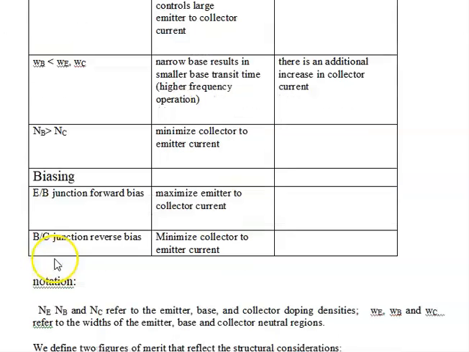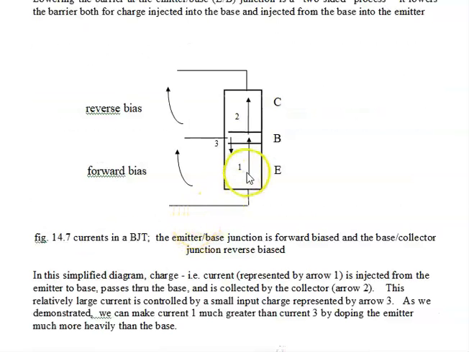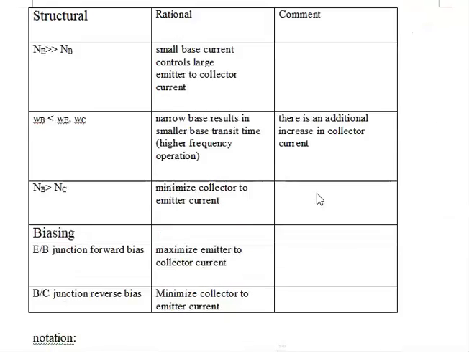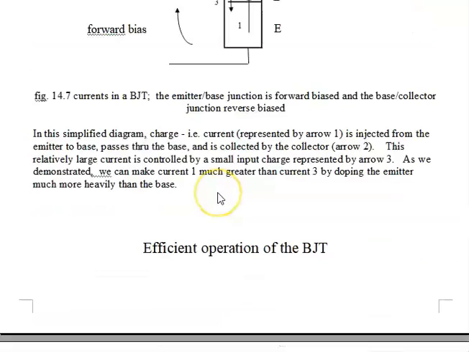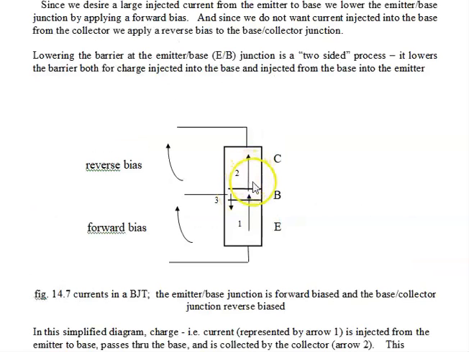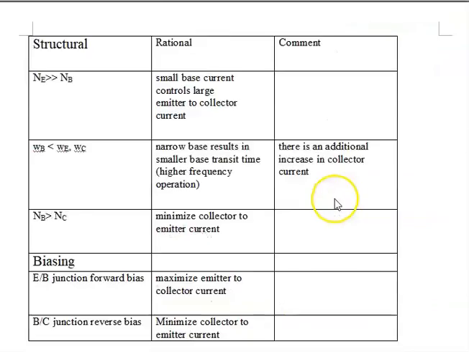And again, the biasing is the emitter base junction is forward biased so that we can get large amounts of stuff which floods from the emitter to the base, and the base to collector junction is reverse biased, so we have a large electric field which sucks up the charge that is floating, or diffusing, I should say, through the base.